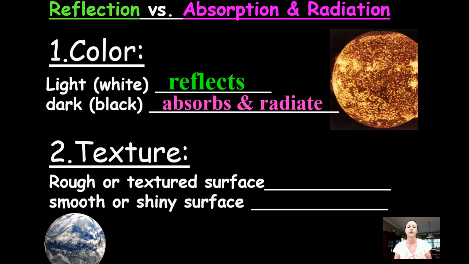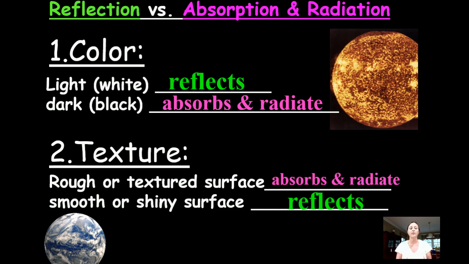Texture is another surface feature that will affect whether energy is absorbed or reflected. A rough or textured surface will absorb and radiate energy, whereas a smooth or shiny surface will reflect energy. These are terms that you need to memorize, and we're going to associate them with other substances within our Earth.